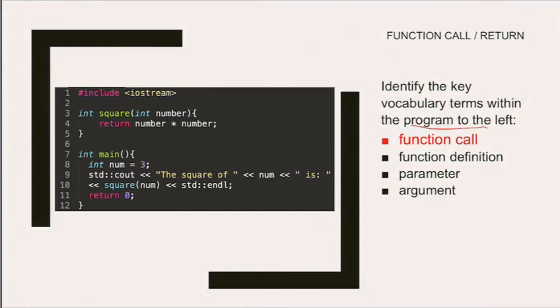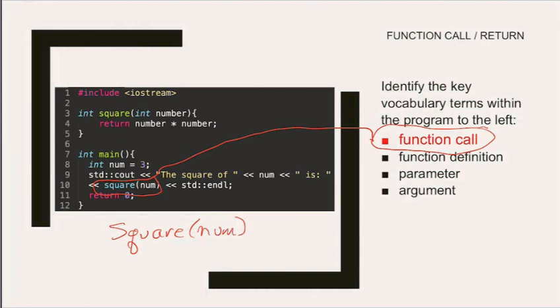All right. So the function call in this example is right here on line 10. The syntax for the function call is the function name, in this case square, followed by the argument in parentheses. In this case, we're passing whatever lives inside num to the user-defined function named square.